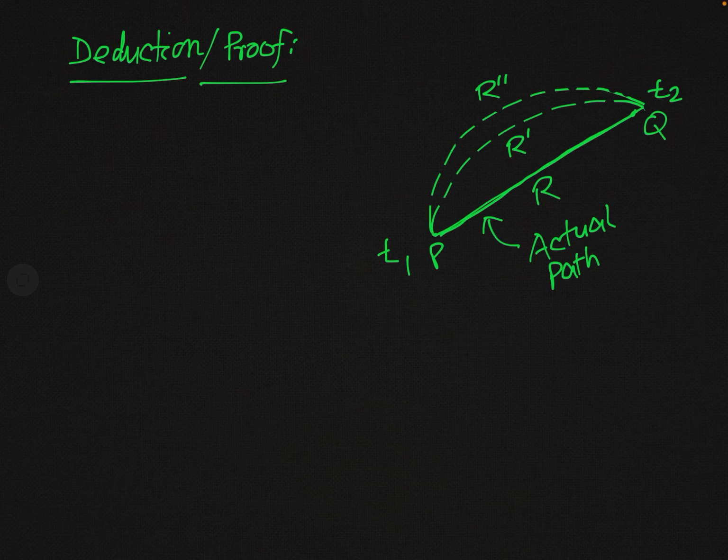Now to prove Hamilton's principle, definitely we will have some conditions to be satisfied here. So what are the conditions that must be satisfied for the deduction of Hamilton's principle? Let us see here. There are two conditions.